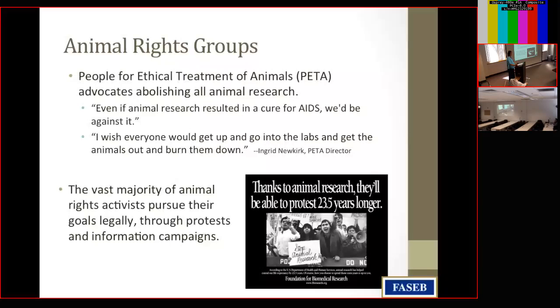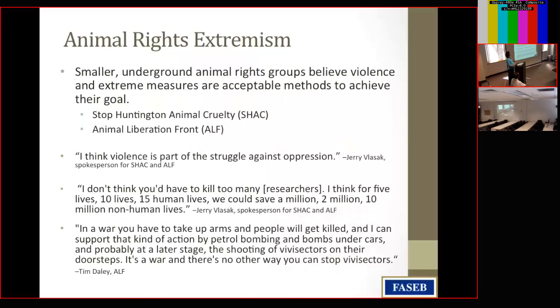This is in contrast to animal rights extremist groups who advocate violence and terrorism to achieve their goals, and the FBI does consider these groups to be terrorist organizations. Examples of a couple of these extremist groups who are active in the United States include SHAC, which stands for Stop Huntington Animal Cruelty, and ALF, which is the Animal Liberation Front.